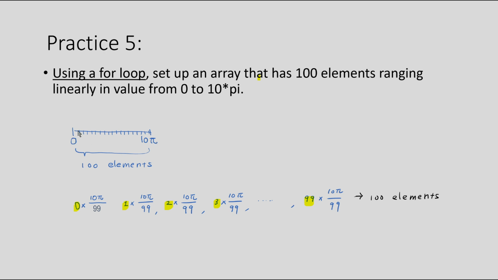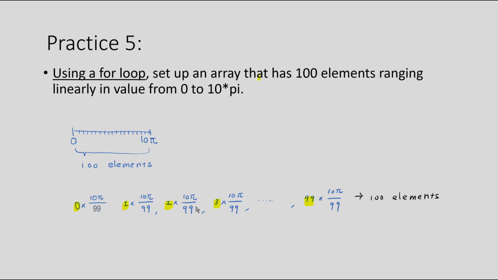So our logic is something like this: just imagine that you divide 10 pi by 99. So let's say this is your 1 division.